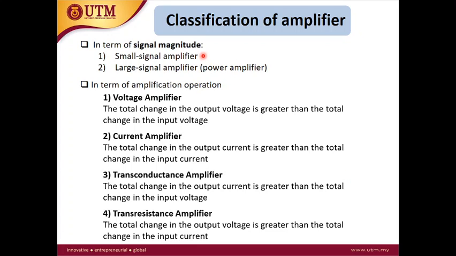Small signal amplifier is, for example, the circuit used to amplify your ECG. ECG is the signal from your heart. This is for medical application. So this one is using small signal amplifier because it amplifies the very small signal.